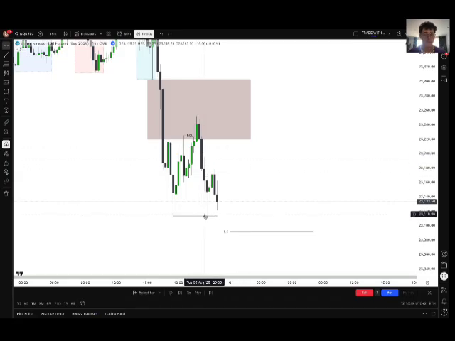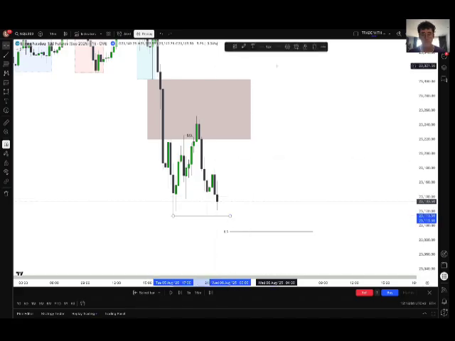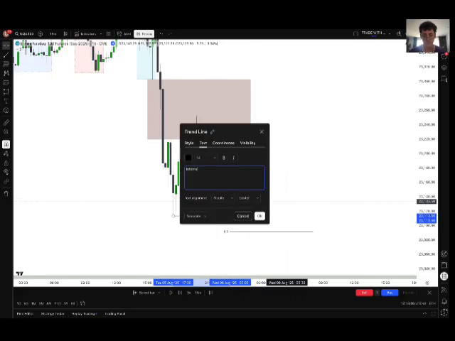Before I wanted to see price taking this low, I would first want to see price retrace back into either one of these bearish gaps, so then we can see a model to take shorts to target that internal low. This is internal sell side.